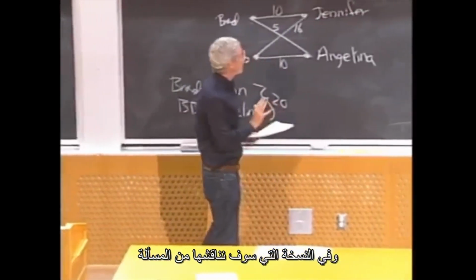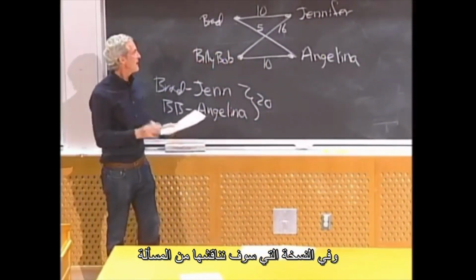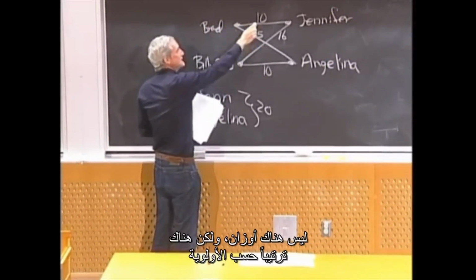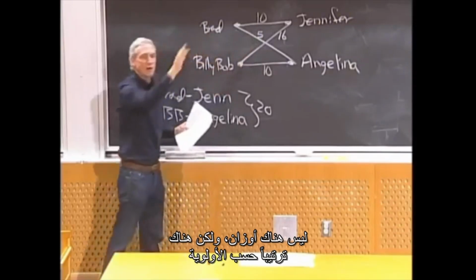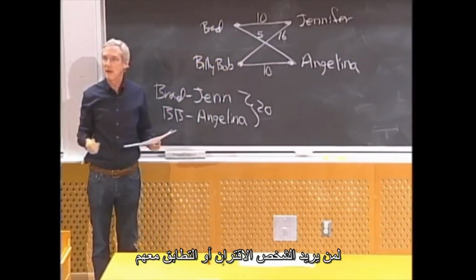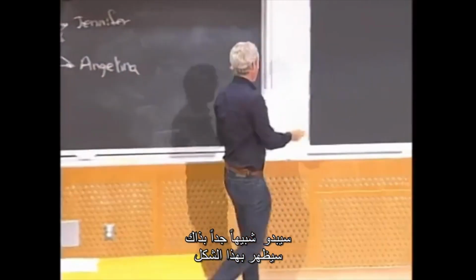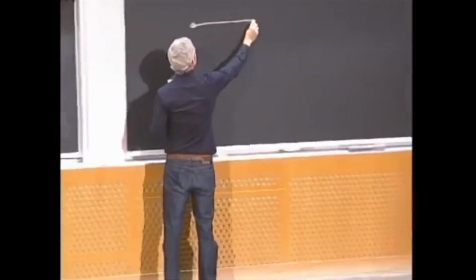Now, in the version of the problem that we're going to look at, everybody has preferences, a preference list. It's not weighted, but it's a priority order of who they want to get mated to or matched up with. So it would look not quite like that, but it would look like this.